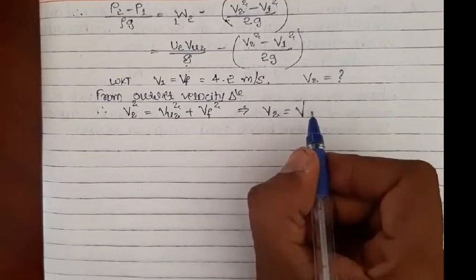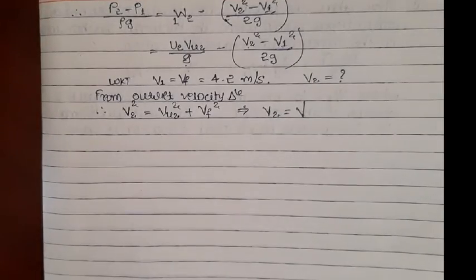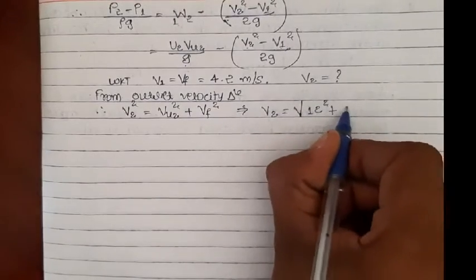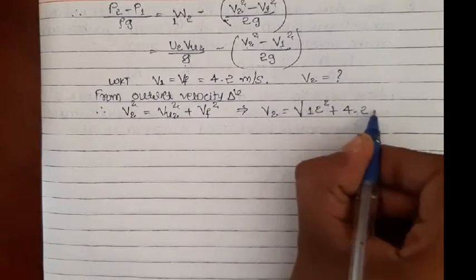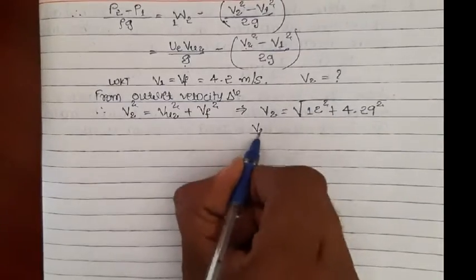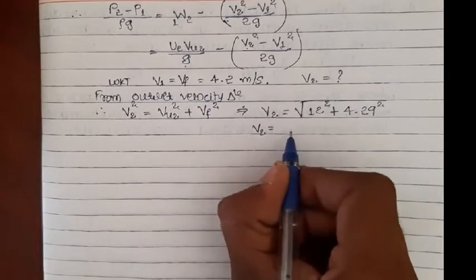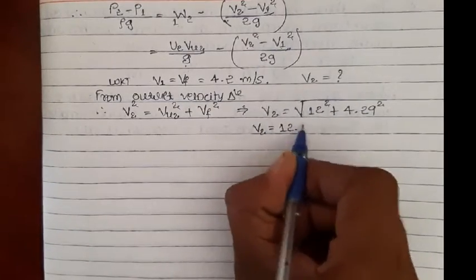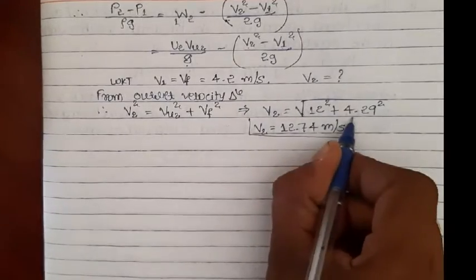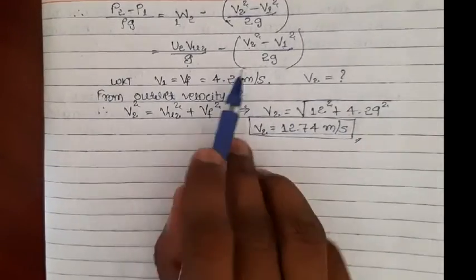What is the VU2 value? VU2 value will be 12 square plus Vf value 4.29 square. So therefore V2 we will get as 12.74 meter per second. Hope you are clear.